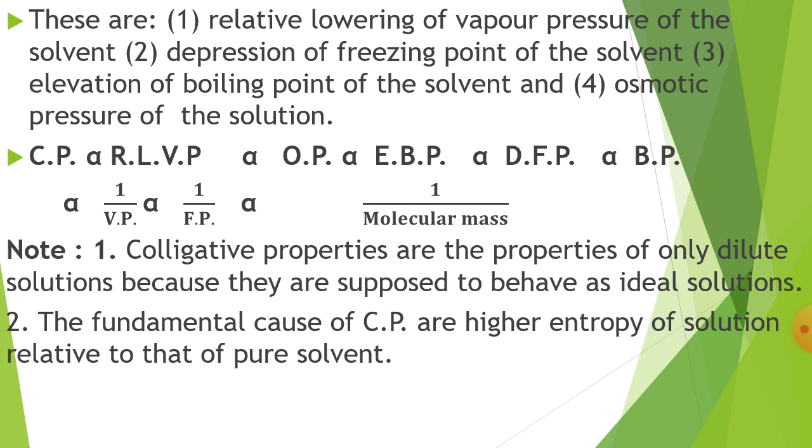The colligative properties also relate like this: directly proportional to relative lowering of vapor pressure RLVP, directly proportional to osmotic pressure OP, directly proportional to elevation of boiling point EBP, directly proportional to depression in freezing point DFP, directly proportional to boiling point, and inversely proportional to vapor pressure, that is, the more the number of particles, the less will be the vapor pressure.